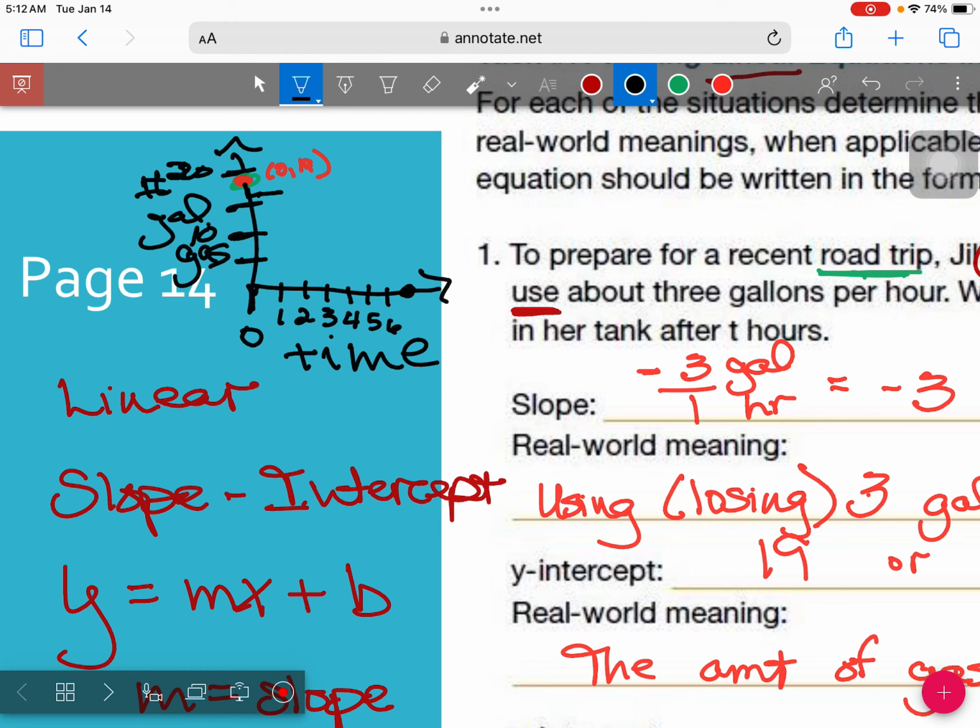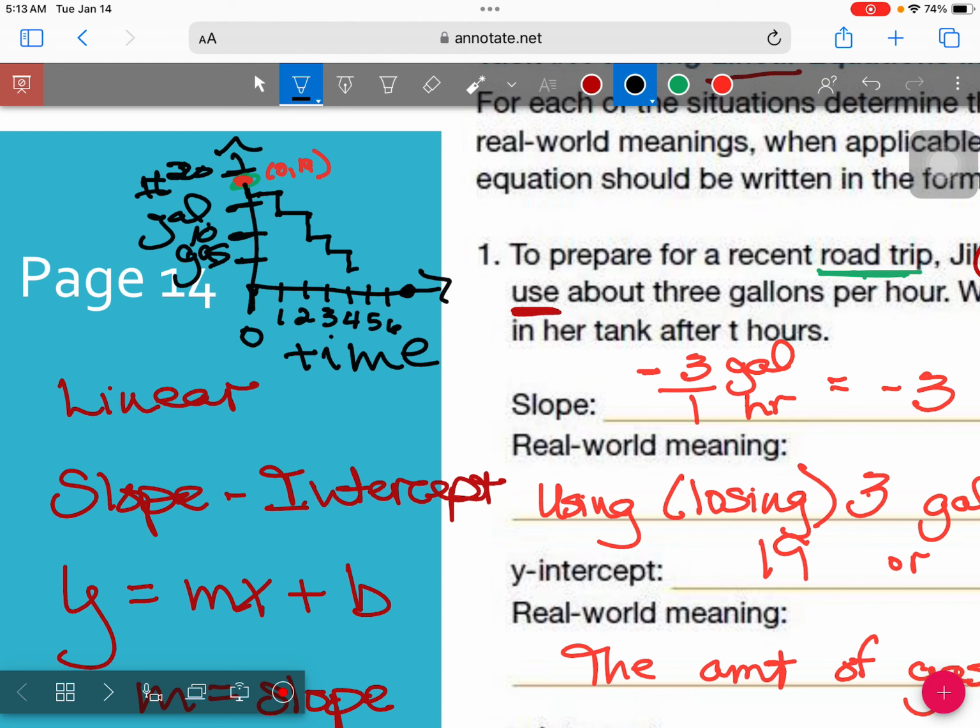Down 3 from 16 minus 3 is 13, and over 1. That would be 13 minus 3 is 10. And over 1, 10 minus 3 is 7.